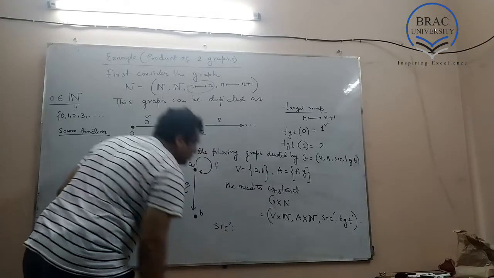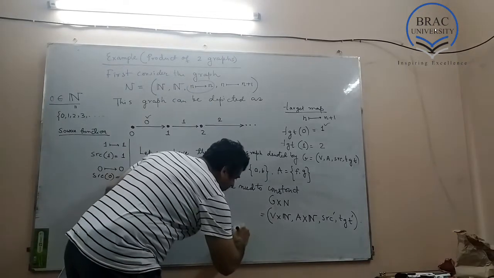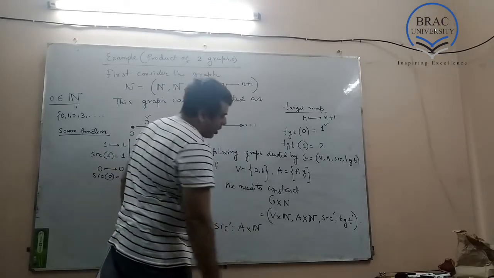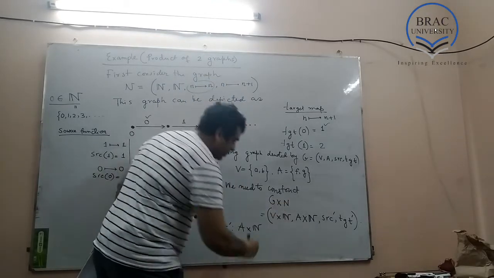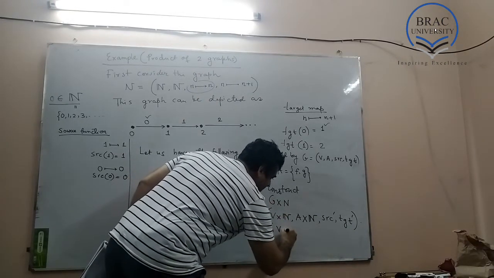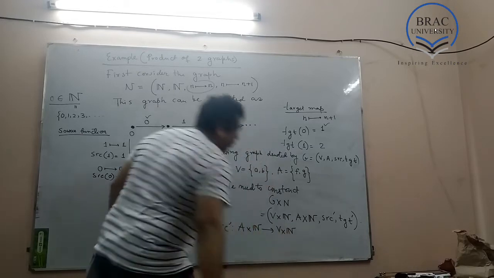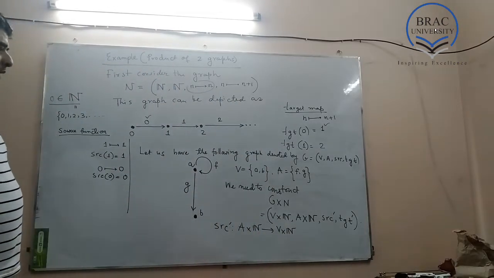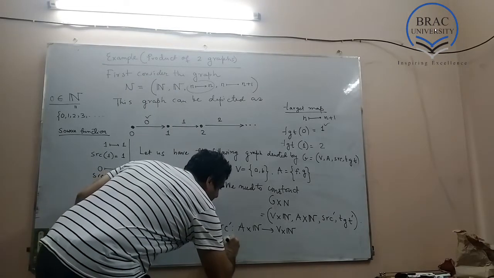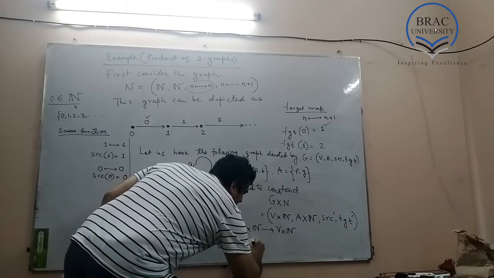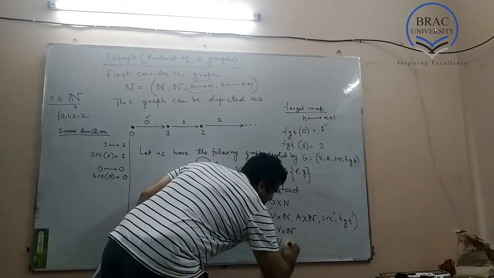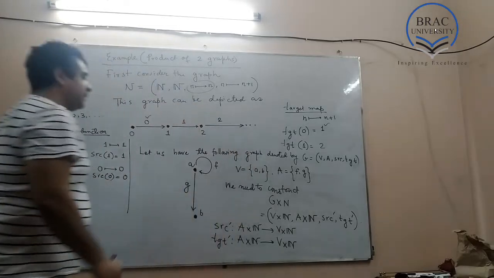SRC prime is going to be a map from A cross N, the set of arrows of G cross N, to the set of vertices of G cross N, that is V cross bold-faced N, and so is the target map. This is also a map from A cross N to V cross N. So let us define these two maps.